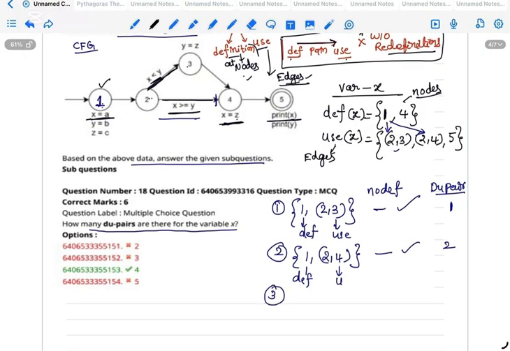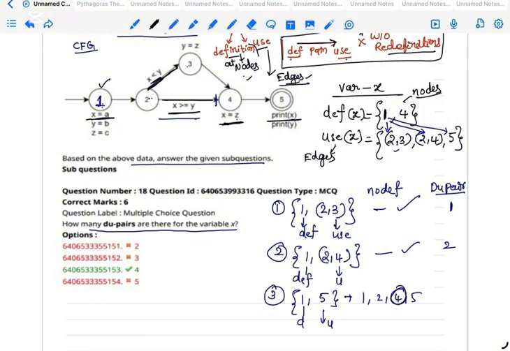The third one is 1 to 5, that is 1 comma 5. The definition is at 1 and the use is at 5. How do we go from 1 to node 5? Via 1 2 4 5, or 1 2 3 4 5.